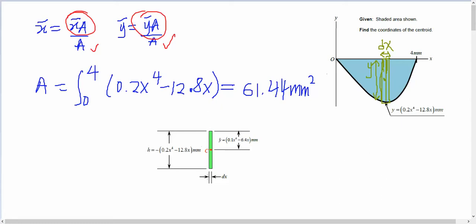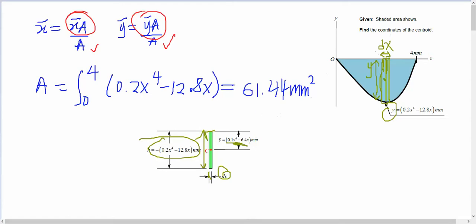So the middle would almost be close enough. We can represent it as dx, but the height is very different. There's a big difference here. So the height is your function y. So half of your function will give you 0.1 x to the 4 minus 6.4x millimeters.